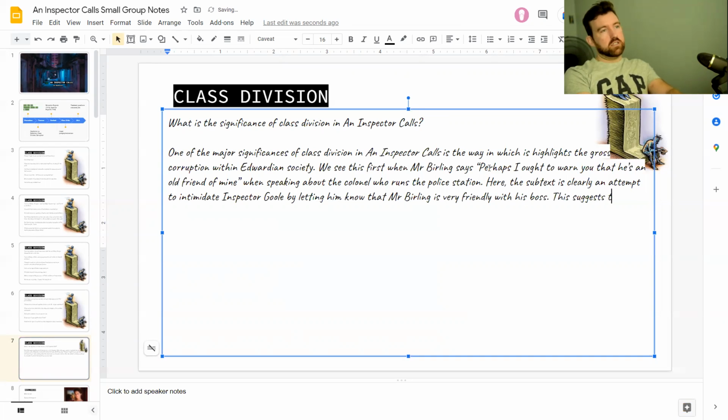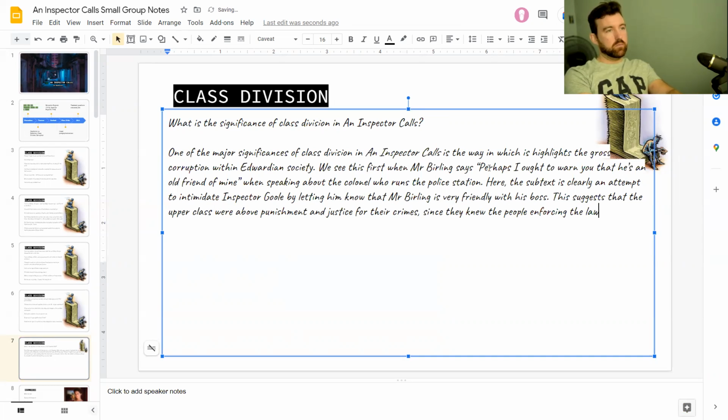This suggests that the upper class were above punishment and justice for their crimes, since they knew the people enforcing the law and making the law.